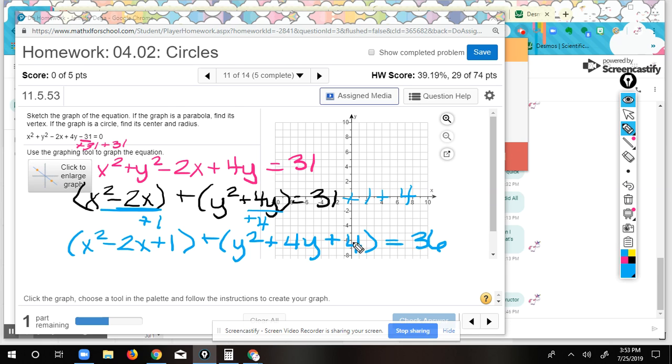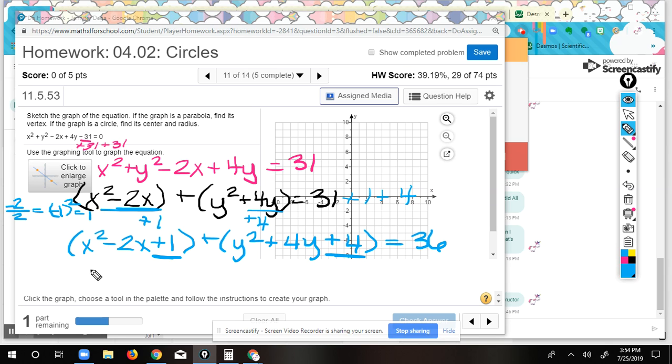36 again. Yay. Okay, and remember, to get that number that we have here, the 1 and the 4, all we did is we took half of negative 2, which was negative 1, and then we squared it, which was 1. That's how you complete the square, and that's what you add there. You do it again here, and then add them both to the other side.